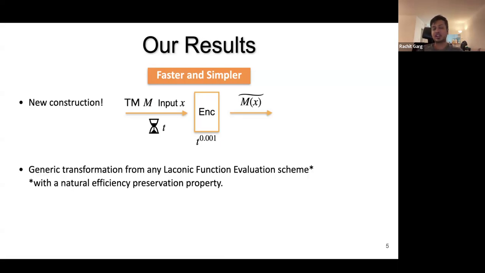We gave a generic transformation which shows that if you have any laconic function evaluation scheme with some natural efficiency preservation property, which I'll explain during the talk, then you can construct this succinct randomized encoding. And along the way, we conceptually simplify some of the contributions from a prior work.